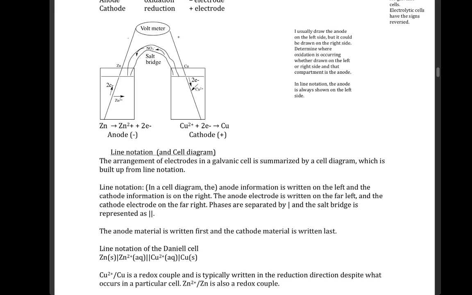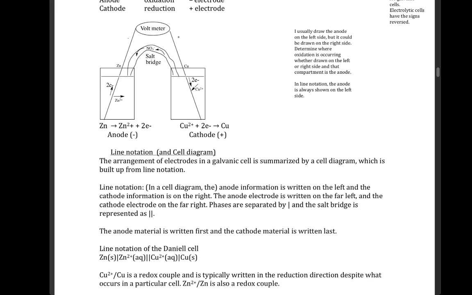All the anode info is on the left, and that is also the electrode. Zinc is part of the overall reaction, yes, but it's also the electrode. And then we have a bar because zinc, the solid, is a different phase from Zn2+, the aqueous solution. We have Zn(s) | Zn2+(aq), that's part of the anode.